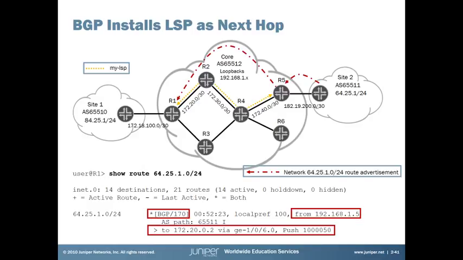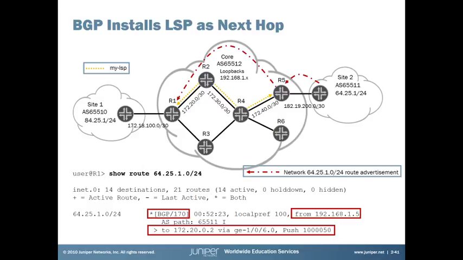So the label switch path then is the next hop for the traffic. So traffic that is destined for 64.25.1.0 is going to be directed by BGP into this label switch path.